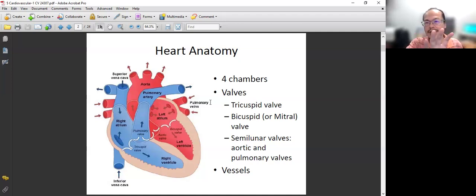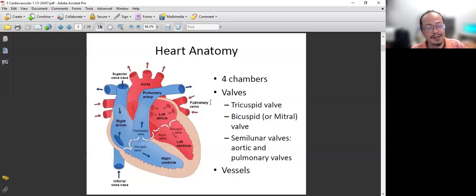When you look at slides or images like that, what's left and right is from the perspective of the patient. This is your patient, and that is his or her heart. So the right side is the patient's right side. That's right side, left side, atrium, ventricle, atrium, ventricle.